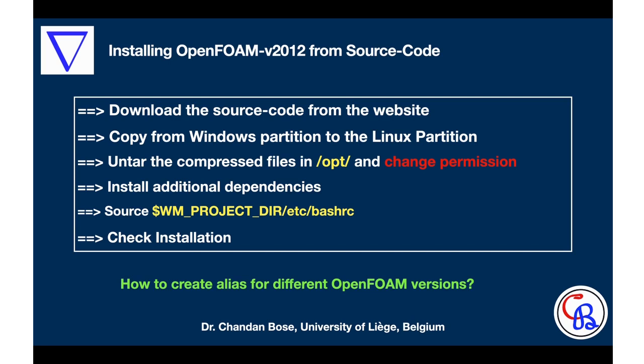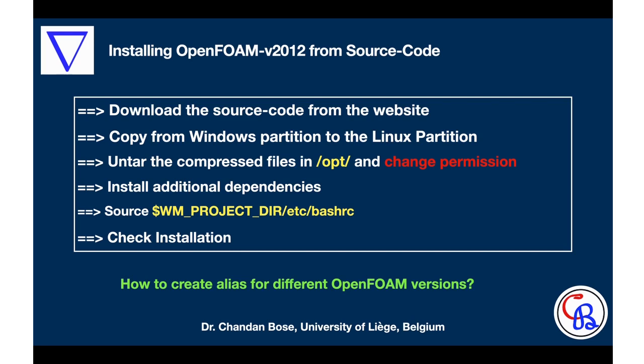And you have to enter the compressed file in your OPT folder and do the permission change, which is very important. Otherwise, you will not be able to use the installed files.